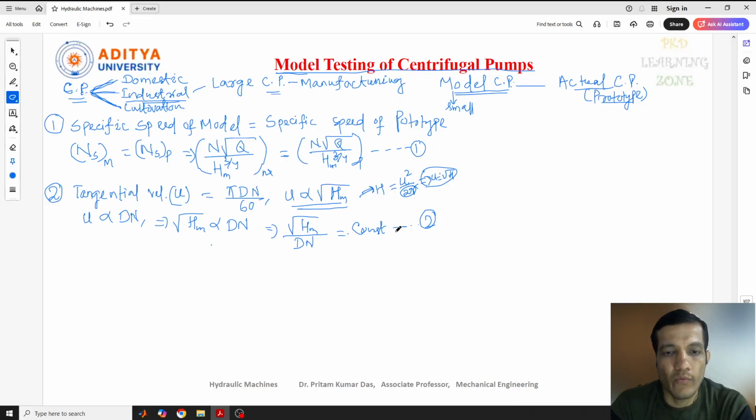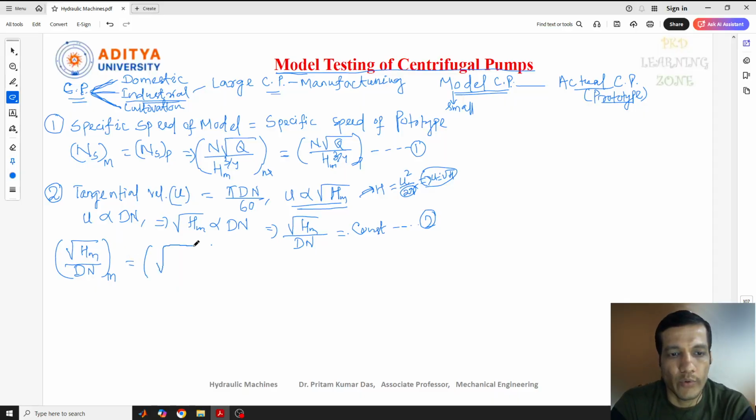Now what can be found out from here? We can write for the model and the prototype. Root over of hm by dn is the expression we need to consider for the model, and it should be equal to that of the prototype. By comparing these two, we can find out what values are required.